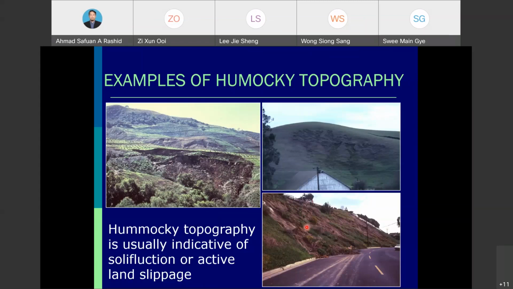I will discuss this in our next class, not today or tomorrow, some of the guidelines for slope development.